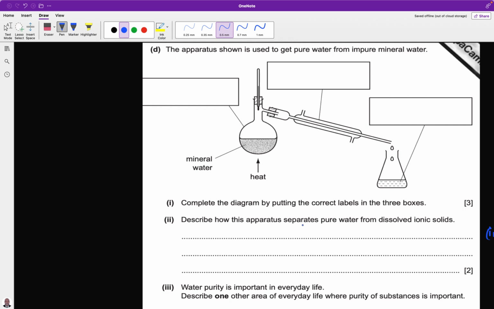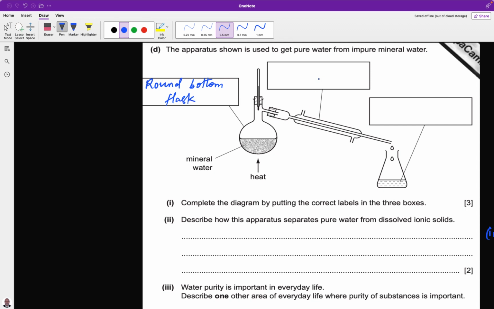Okay. What are the labels? This is a round bottom flask. So we can say round bottom flask.